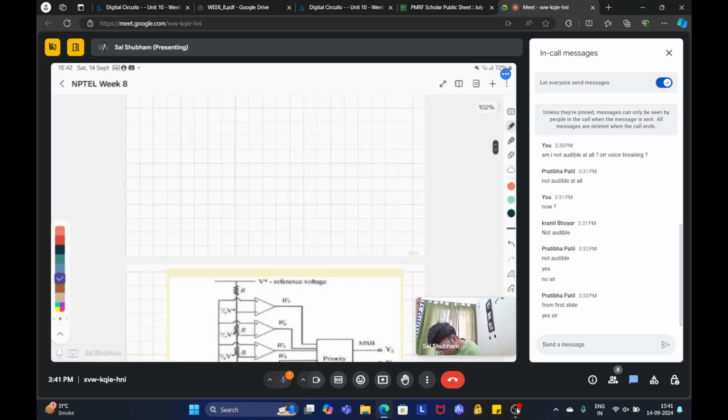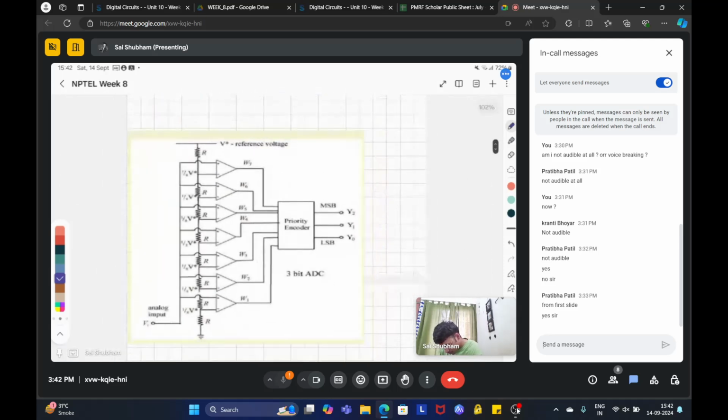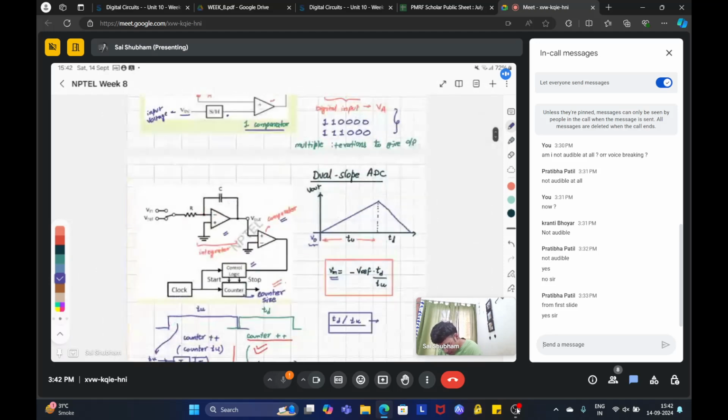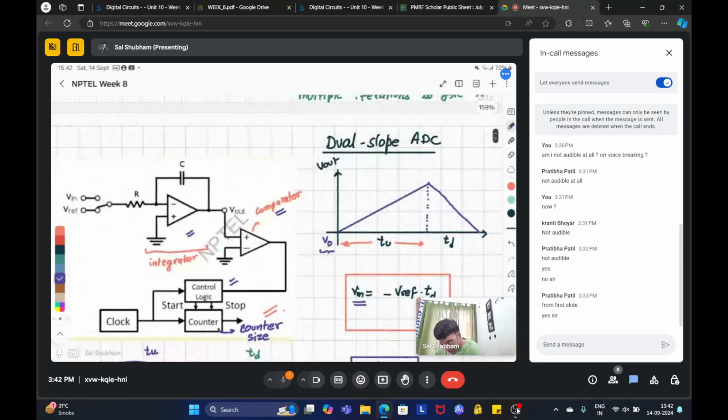Next, moving on to flash type ADC. In the dual slope circuit, the conversion takes time because it's operating in time, right? It's integrating, and it takes a lot of time for V out to go from 0 to some peak value, and then it takes some time to go from the peak value back to 0.